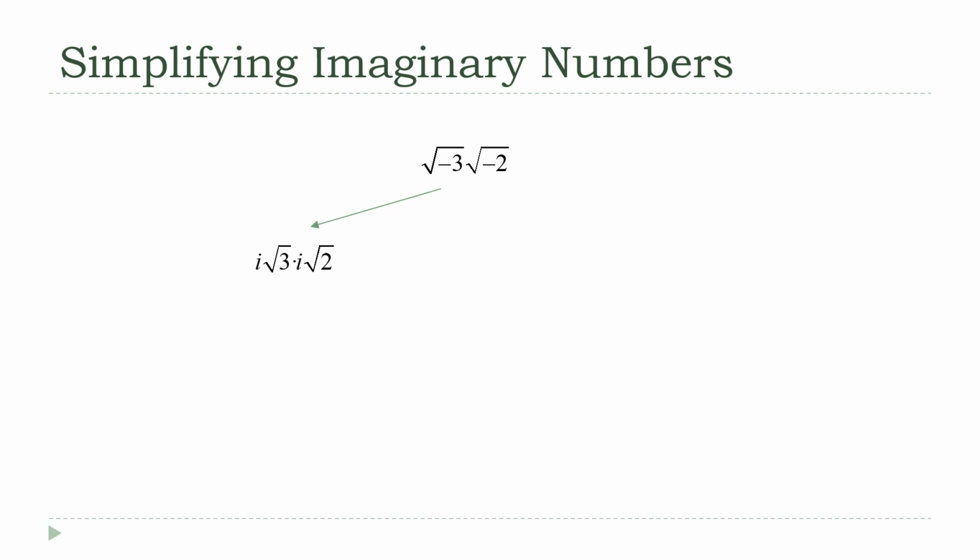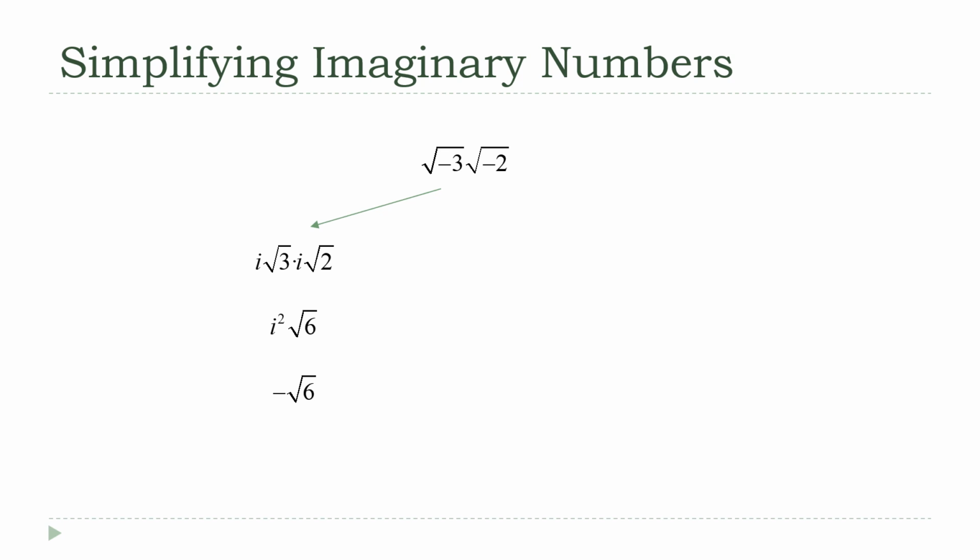I did what I said on the last slide, pulling the -1 out and making it an I. But now look at what happens here. I times I is I squared. Square root of 3 times square root of 2 is square root of 6. And now look back at that definition again: our definition says I squared is -1. So I can simplify this further to negative square root of 6. Okay, that's one way to do this.